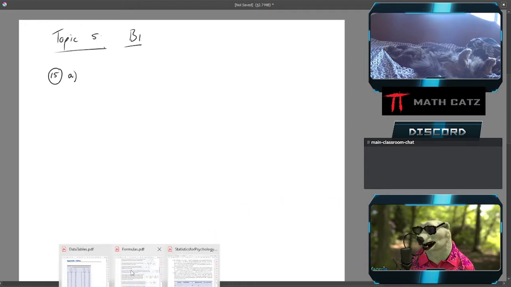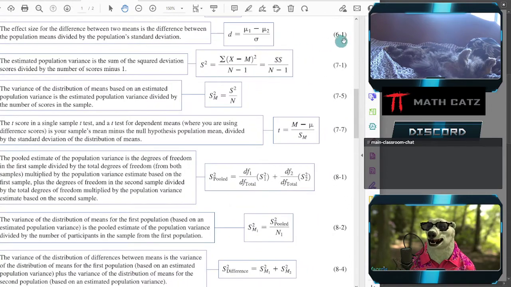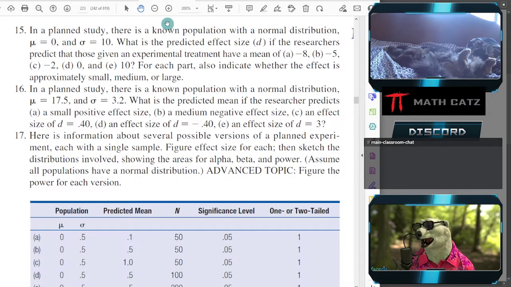So our effect size calculation, you can look at this number 6.1 for the effect size. It'll be the predicted or observed mean minus the stated one over the standard deviation.